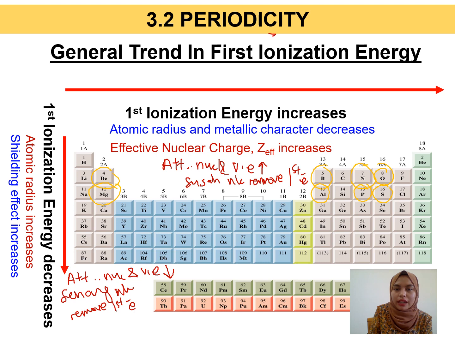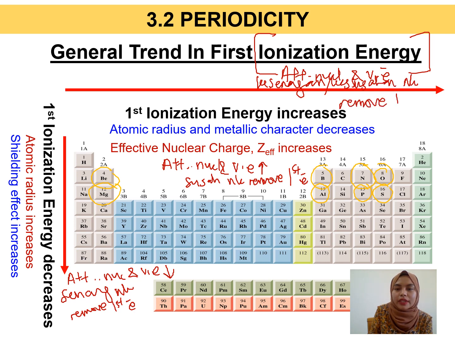So basically, ionization energy depends on the attraction between the nucleus and the valence electron, and secondly, on how easy or difficult it is to remove the first electron at the valence electron. Okay.